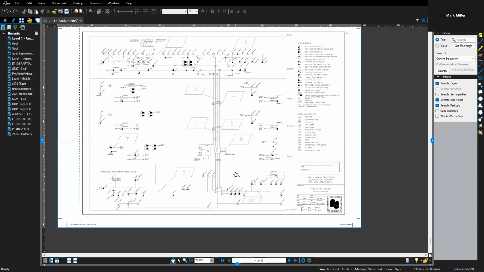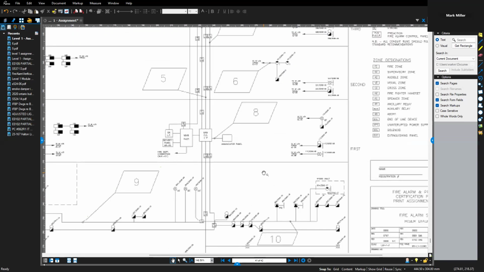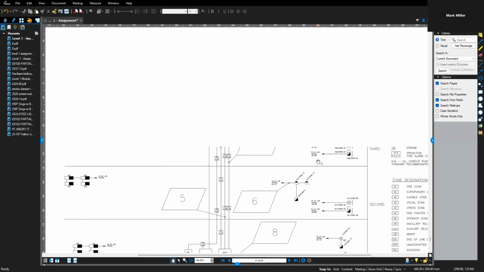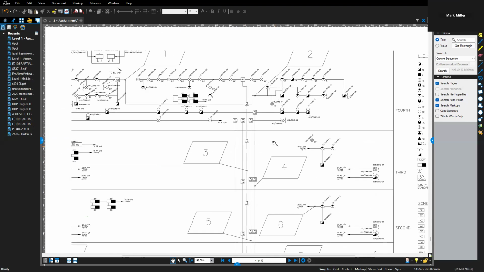So let's start by looking at the riser diagram. If we look in here on the first floor, we can see that it's not complete. Same with the second floor and the third floor. We don't have nearly as much information as we have on the fourth floor.